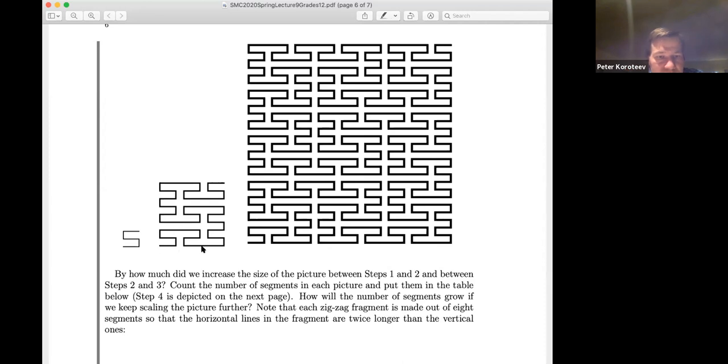Plus 1, 2, 3, 4, 5, 6, and then 7 and 8. So there are 2 vertical and 6 horizontal. That makes us 9 times 8 plus 8. How much is that?